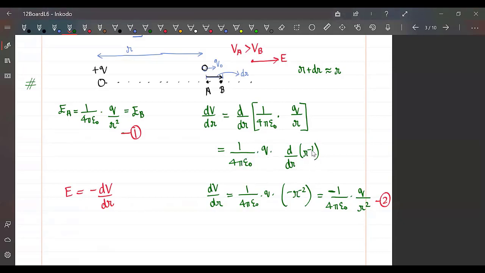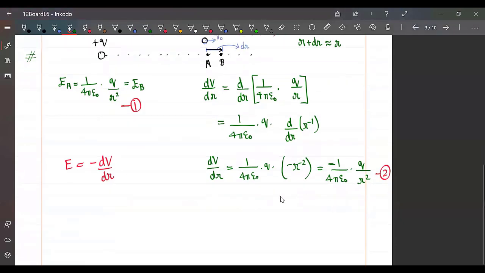And if you differentiate r to the power minus 1, it will become minus r to the power minus 2. That is minus q by 4 pi epsilon naught r squared. From here, you can see that electric field is negative of dV by dr. We can write this relation E is equal to negative of dV by dr. From here also we can prove this relation.